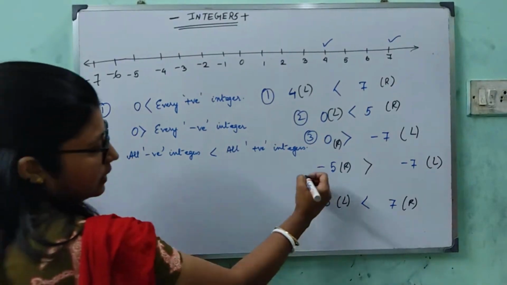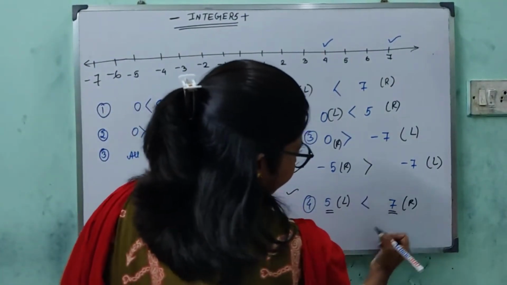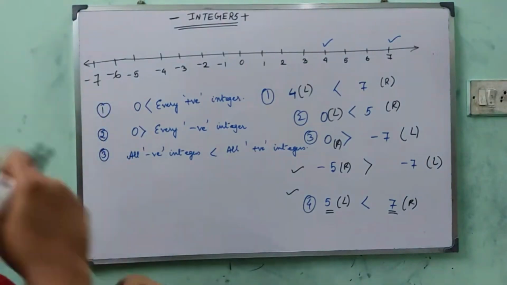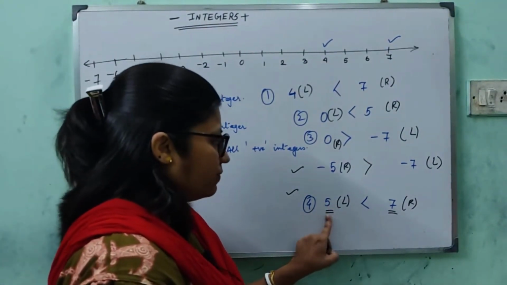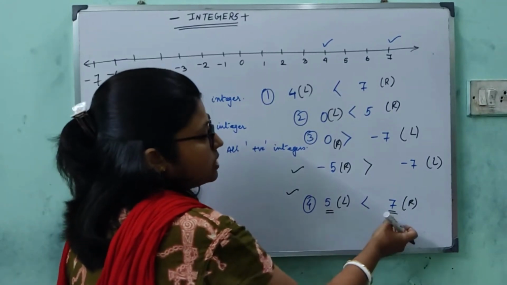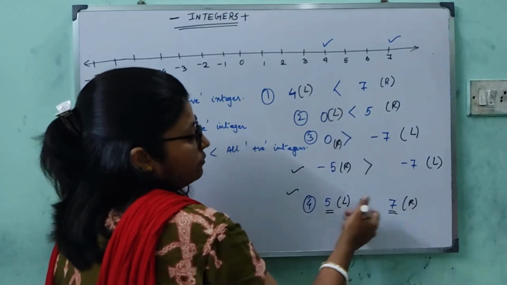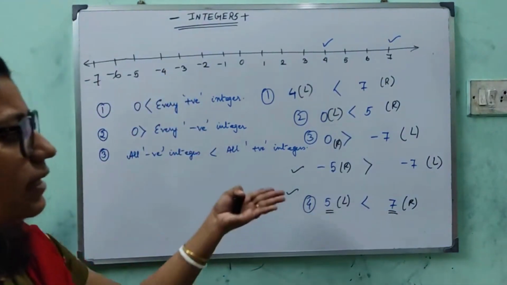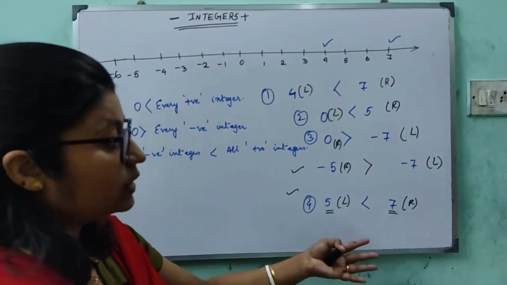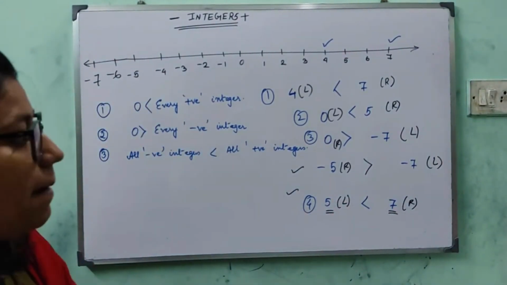So if I compare 5 and 7, 5 was a positive number, 7 was a positive number. So if we are given two positive numbers, we compare them following either the left and right rule, or we can say that the way we have learnt about natural numbers, same way we can compare these positive numbers.